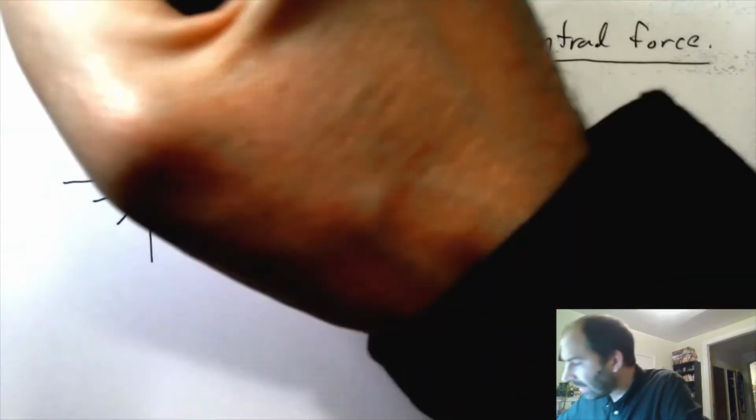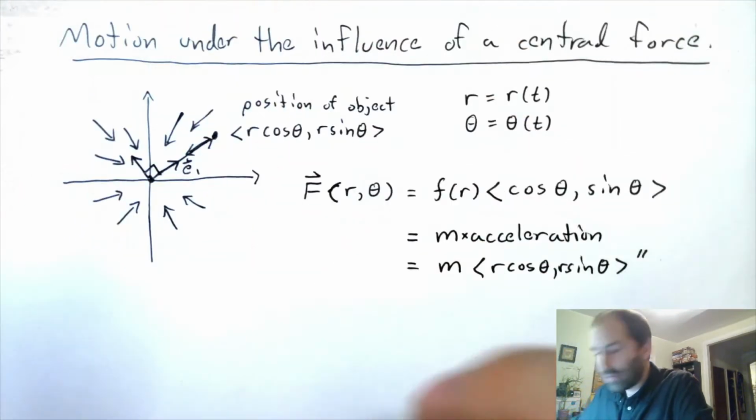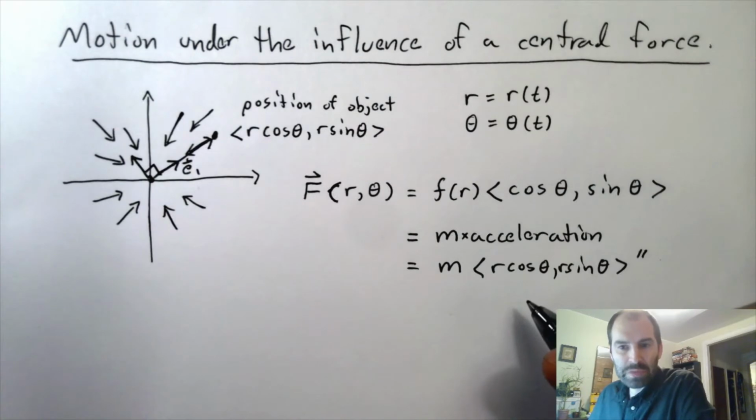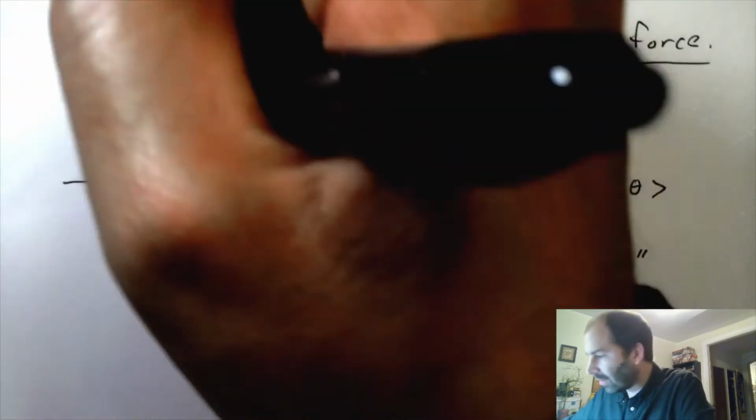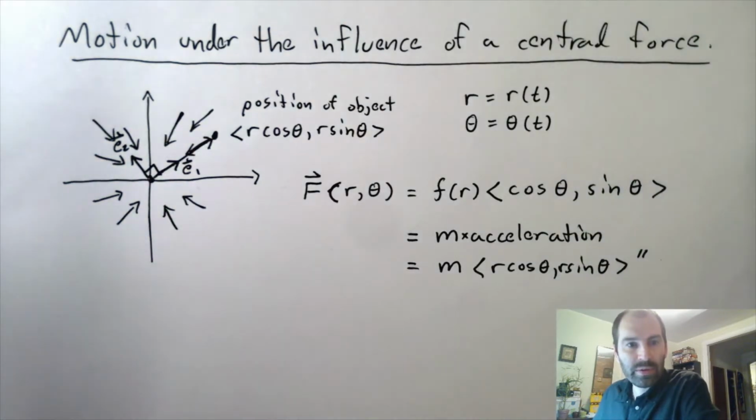And then we're going to take an orthogonal vector pointing 90 degrees counterclockwise, and that we're going to call the vector E2. This is called an orthogonal frame, or an orthonormal frame, since we've normalized them to be length 1.